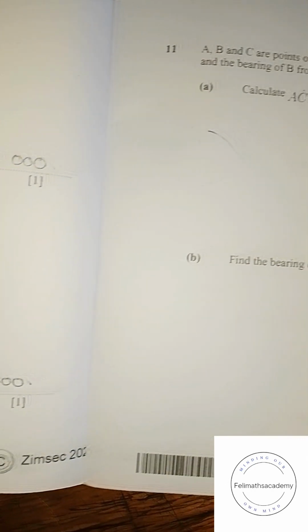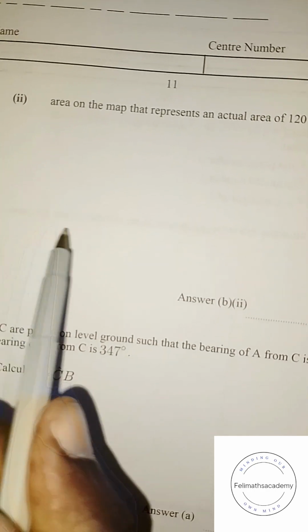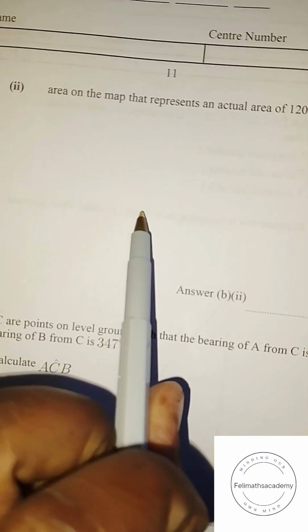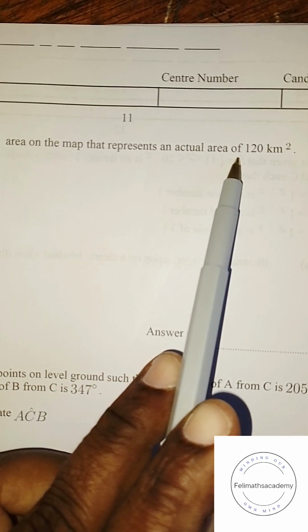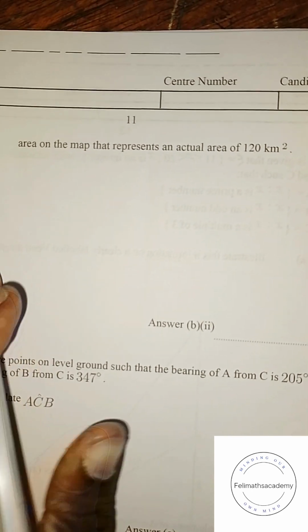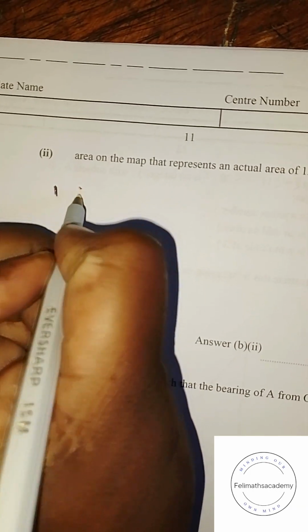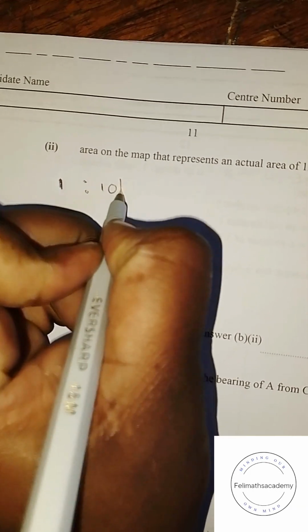Moving on to number 10B, part 2. Calculate the area on the map that represents an actual area of 120 square kilometers. We are given that 1 centimeter represents 10 kilometers.